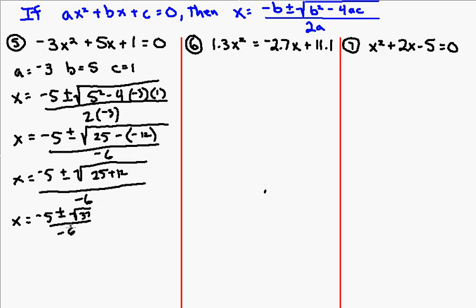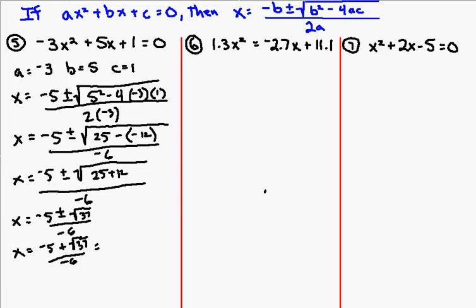So let's break this up. So if I go x equals negative 5 plus the square root of 37 over negative 6.